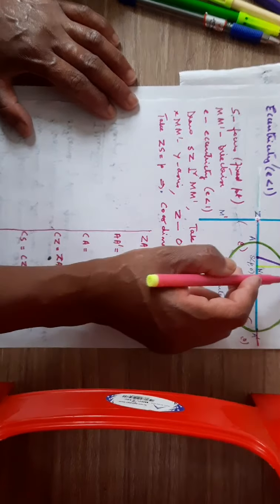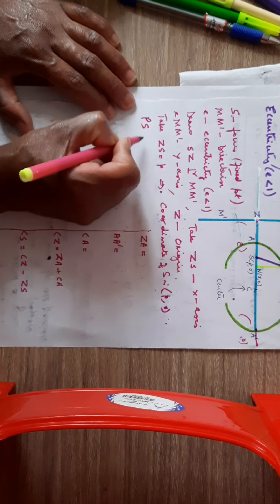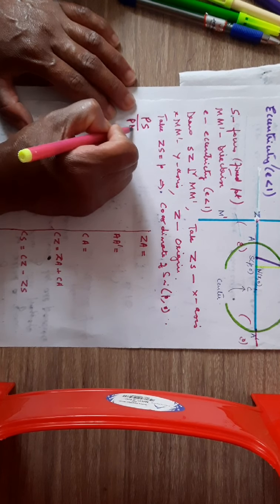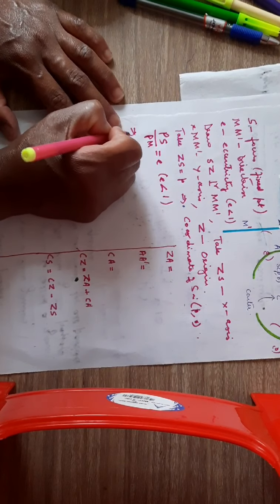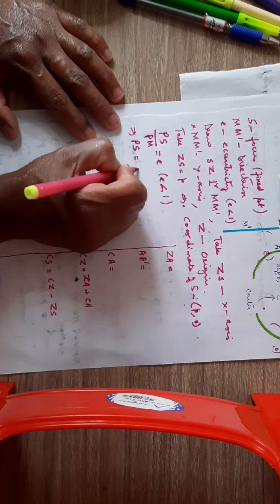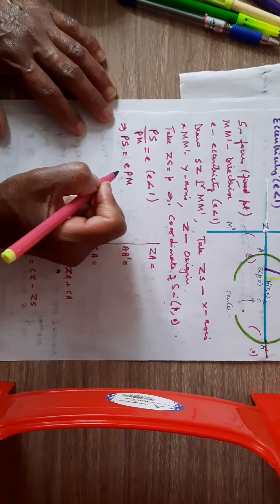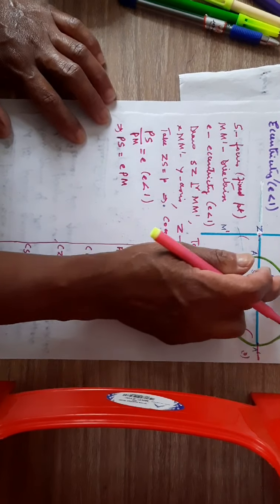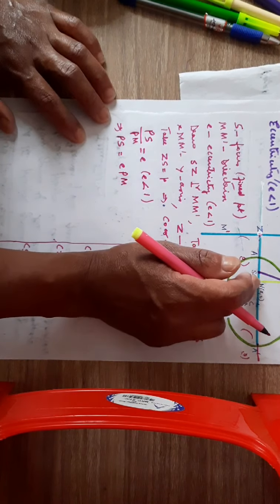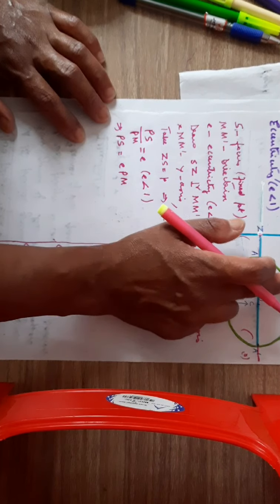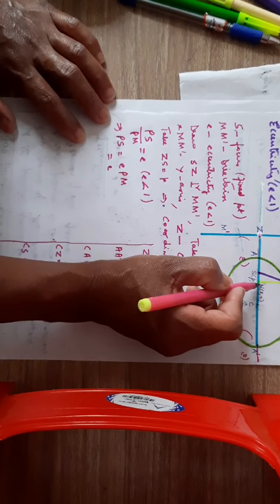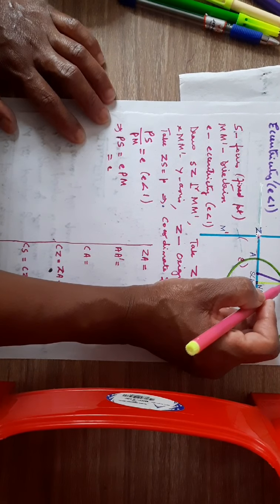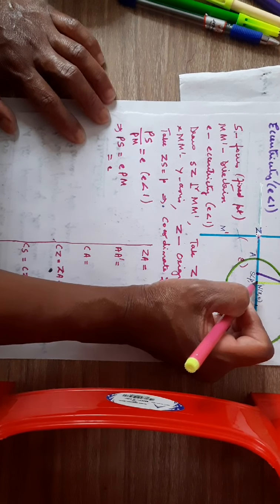Now by definition of an ellipse, PS by PM should be equal to e, where e is less than 1. So this implies that PS is equal to e times PM. What is PM? PM will be the same as NZ, where N is the foot of the perpendicular dropped from this point P to the x-axis.